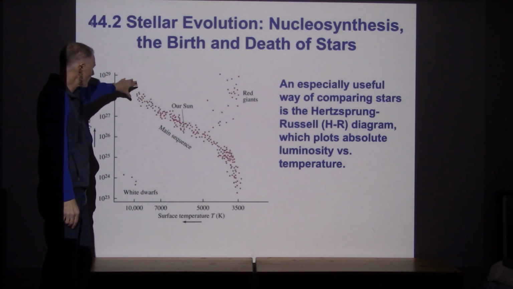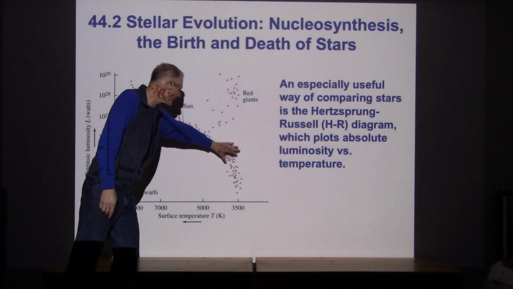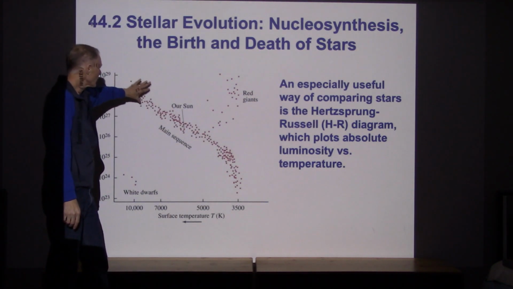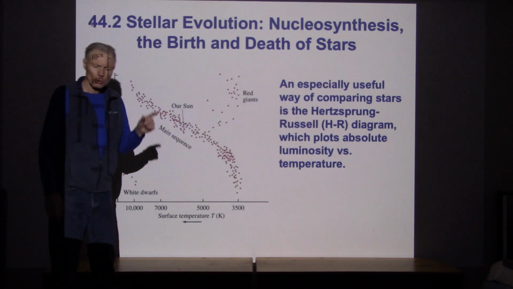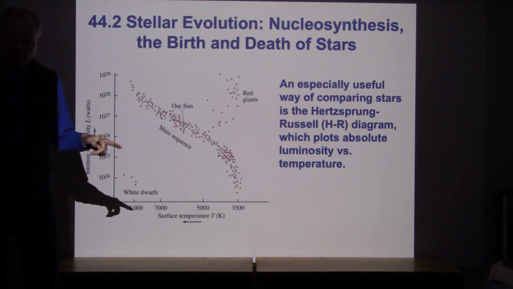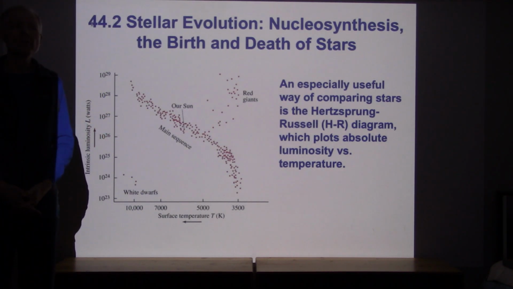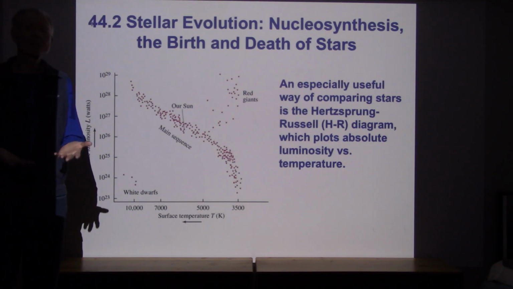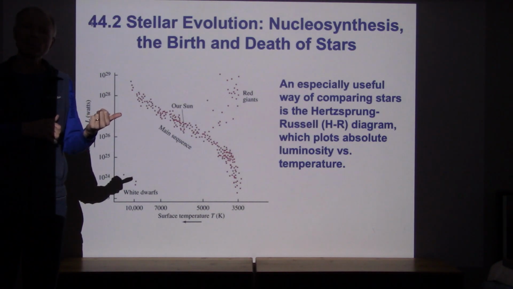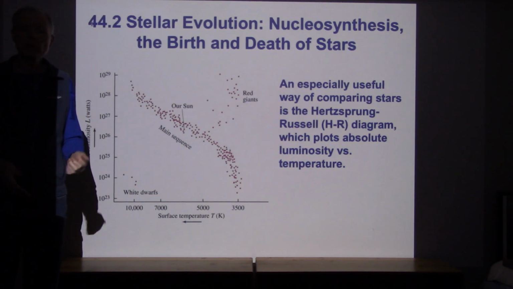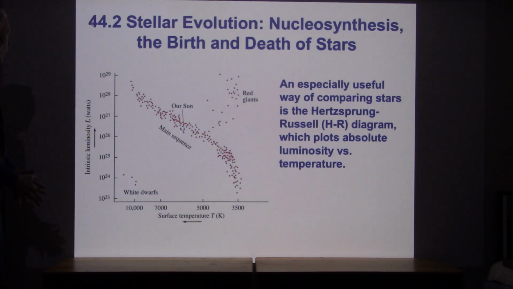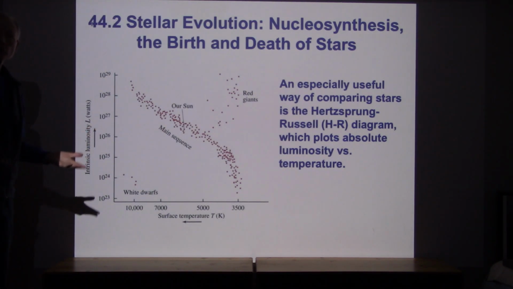We end up with the majority of stars, 90% or more of the stars, follow a pattern of correlation between surface temperature and luminosity. And by that, what we're saying is, if you're at a low surface temperature, you have low luminosity. If you're at a high surface temperature, you have high luminosity.